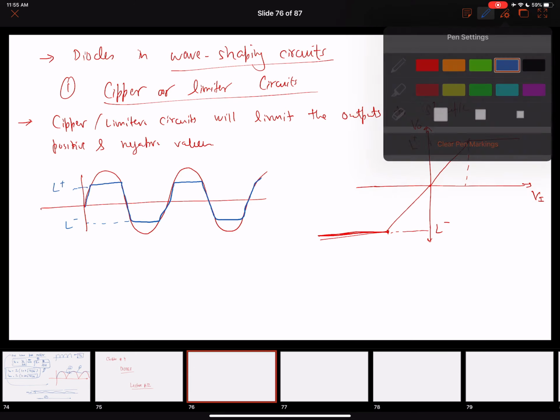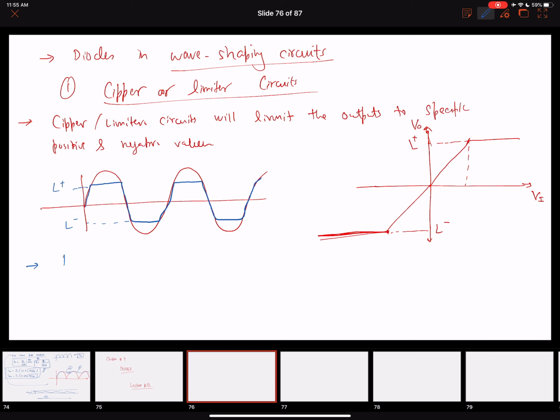Now this specific example that I've shown is called a double limiter. A double limiter works on both positive and negative peaks of the input waveform.